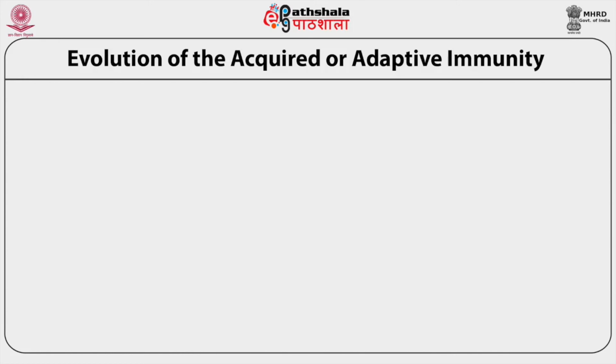As far as the structure of immunoglobulin G is concerned, it strongly suggests that it evolved from a single domain polypeptide. That itself must have evolved from a pre-existing molecule of what we call the immunoglobulin supergene family.